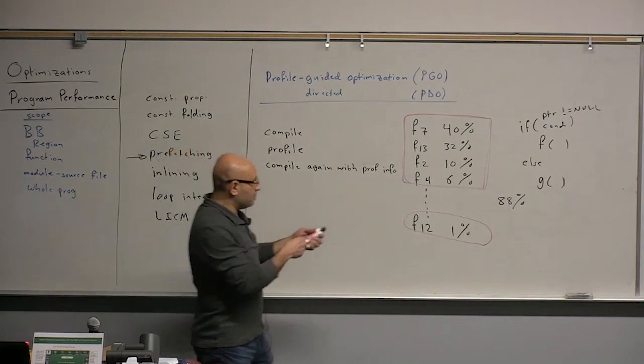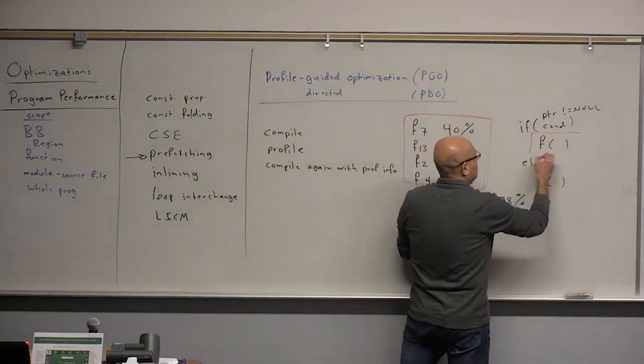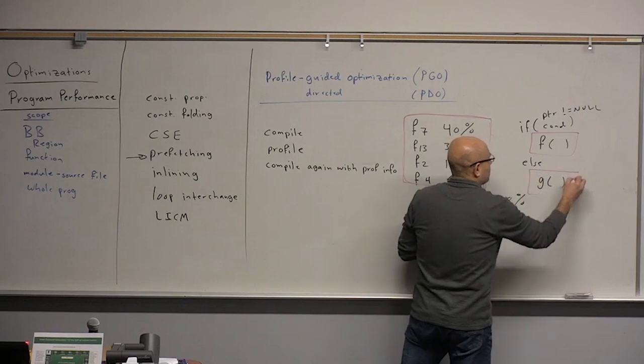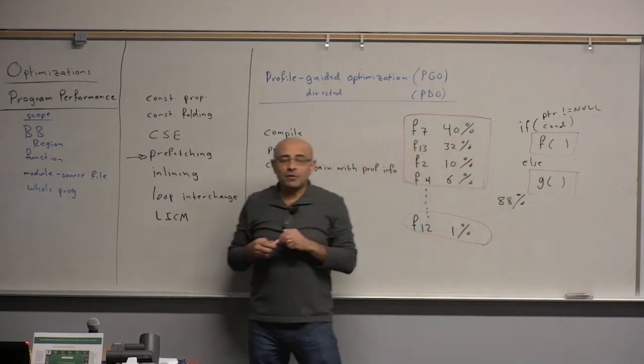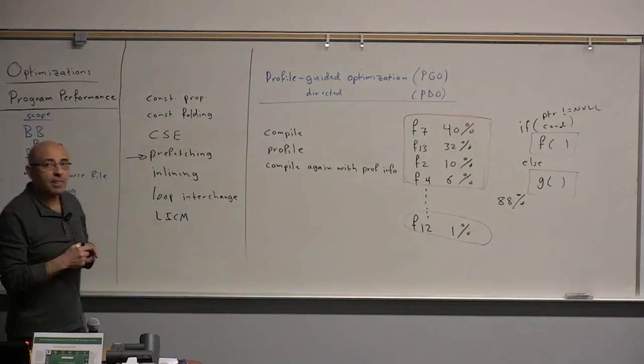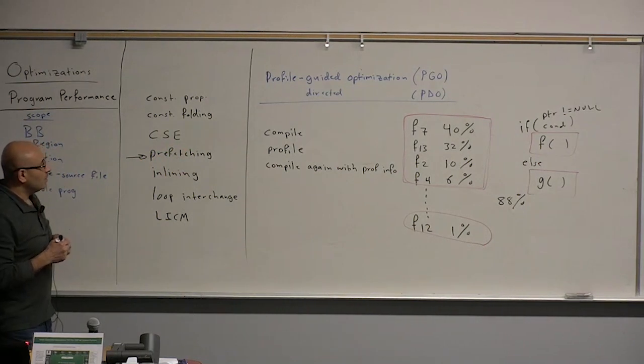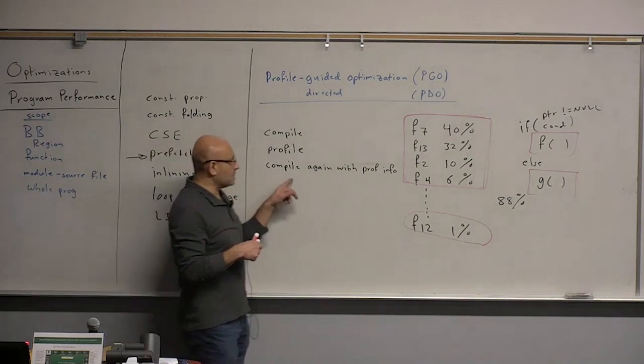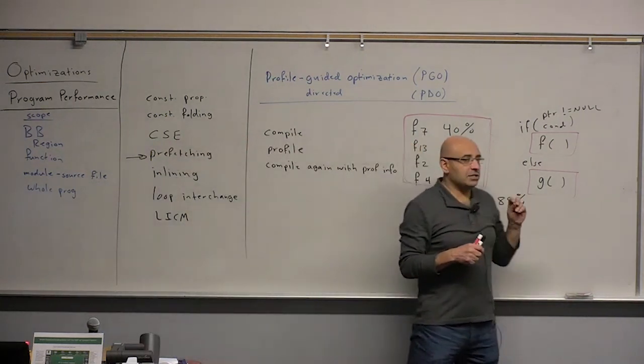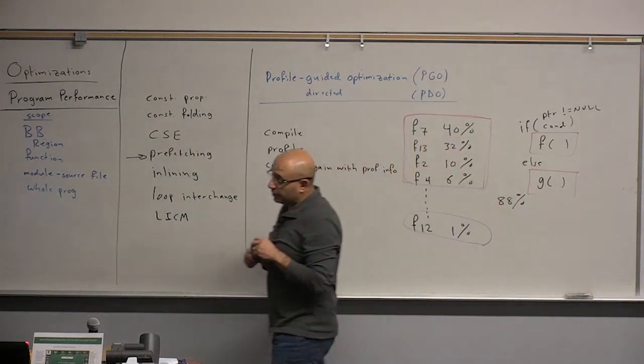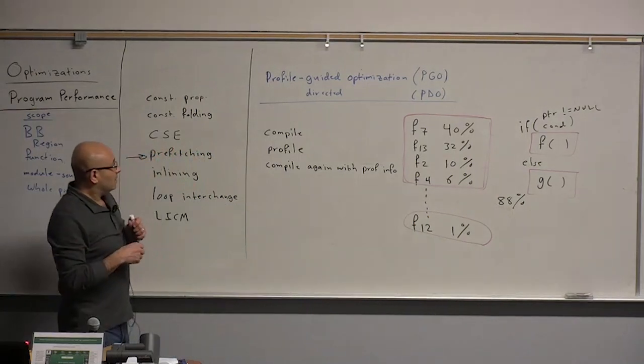You know, how often this basic block is executed compared to this basic block. Now this information can then be used by the compiler to do a more precise compile, or a compilation that will hopefully generate better code.